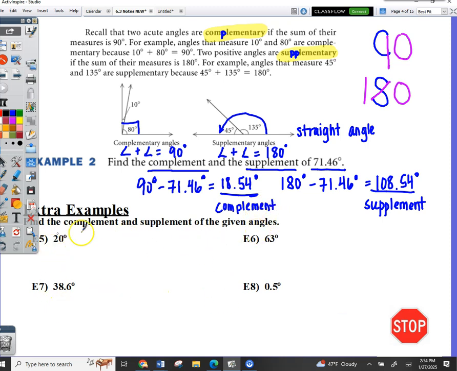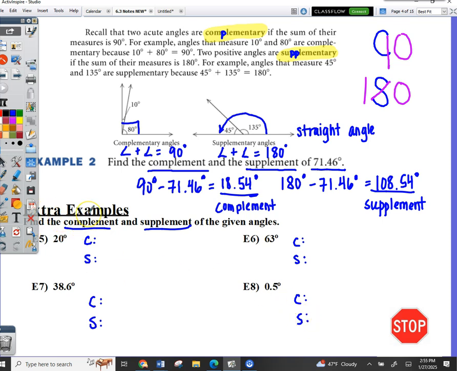So come down here. You have 4 practice problems. Tell me the complement and the supplement of each. If you want, you can abbreviate like C for complement, S for supplement, and then just find them. You'll notice that on my guided notes here, I tend to add extra problems.